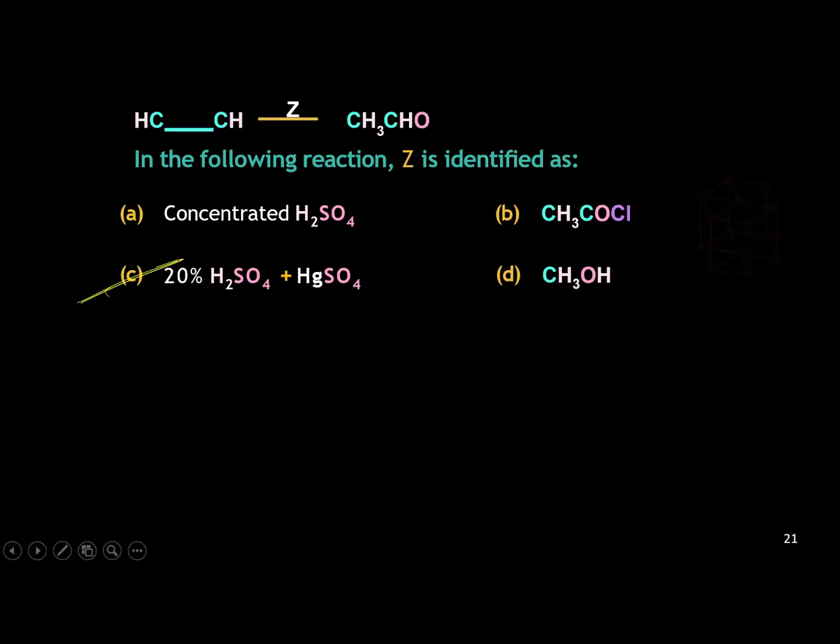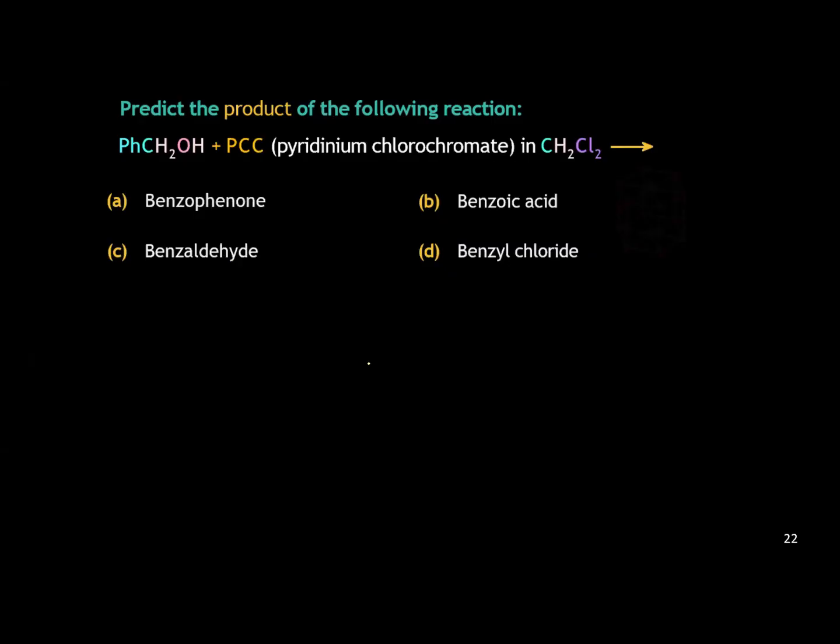Next one. Predict the product of the following reaction. PhCH2OH, PCC, that's nothing but pyridinium chlorochromate, in the presence of CH2Cl2. If you remember, yesterday we first talked about it, it will give aldehyde. But the aldehyde is not on the benzene group.